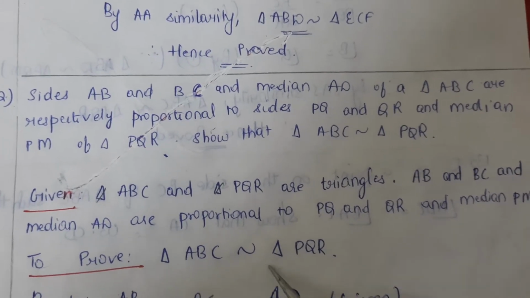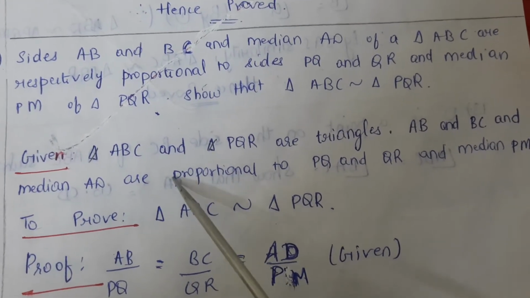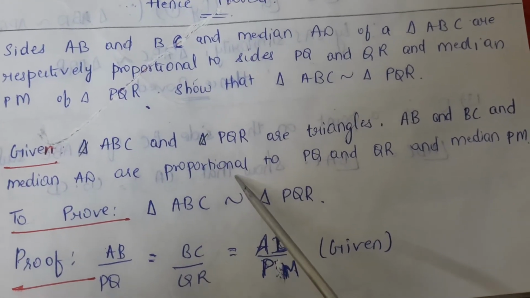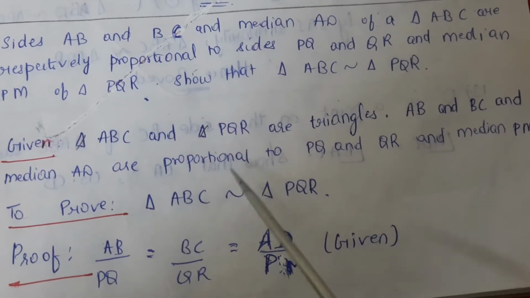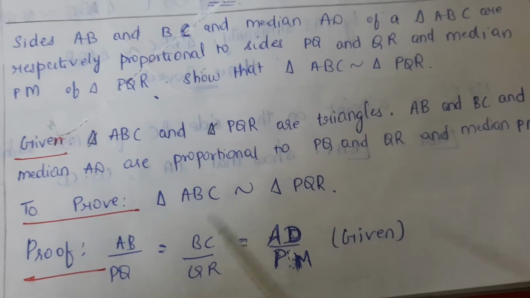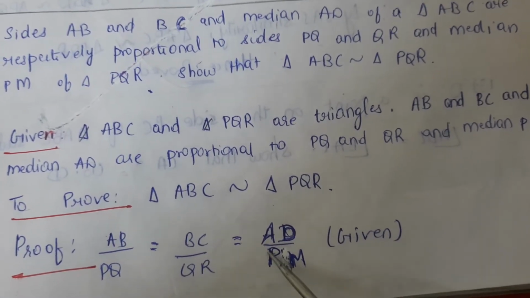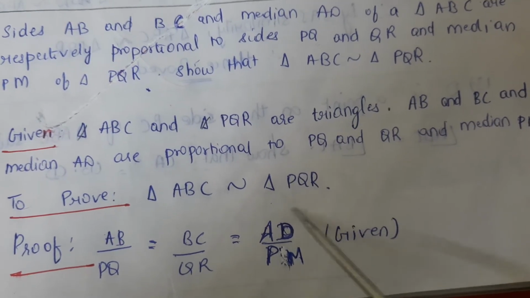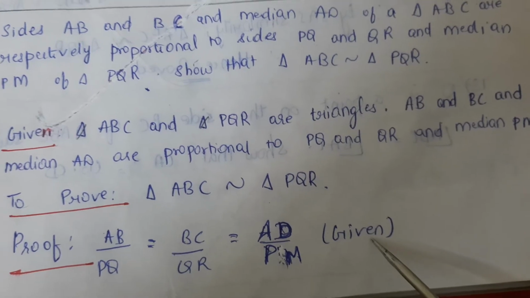Since they are proportional, we can write AB by PQ is equal to BC by QR is equal to AD by PM. AD and PM are the medians. These are the sides. So this is given in the question.